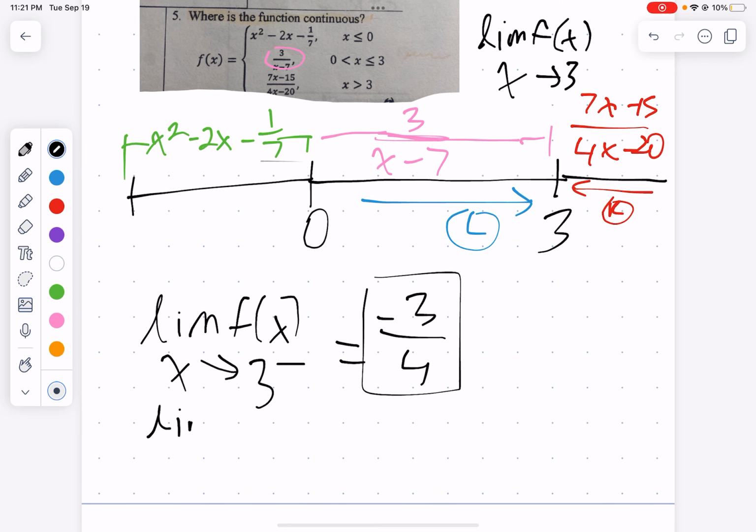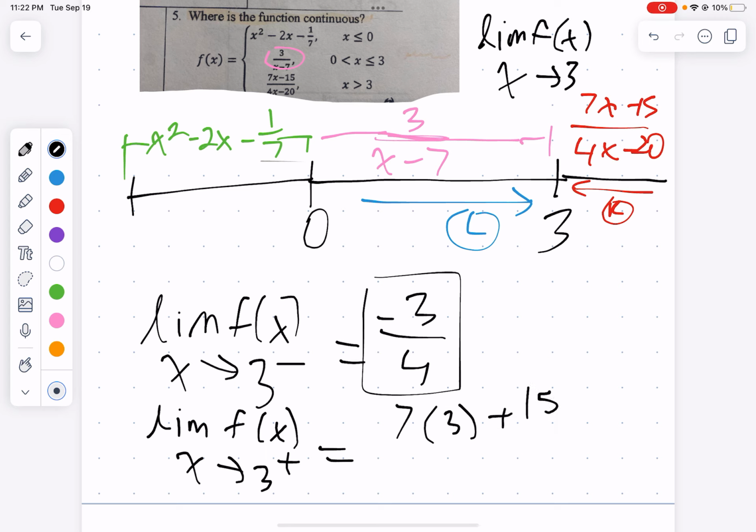Now the limit of f of x as x approaches 3 from the right, coming in from the red, is going to be equal to, I'm actually going to plug this one in for you guys, 7 times 3 minus 15 over 4 times 3 minus 20. Do a little bit of quick math there.